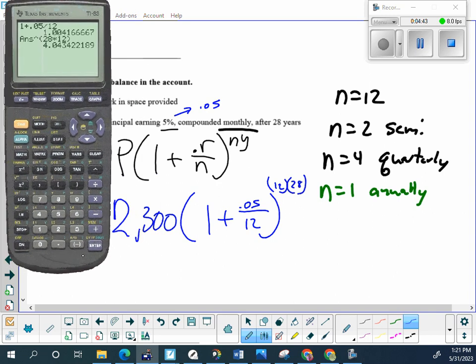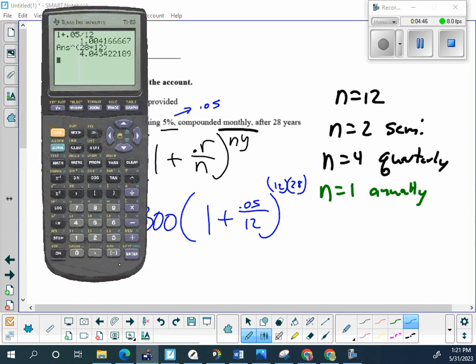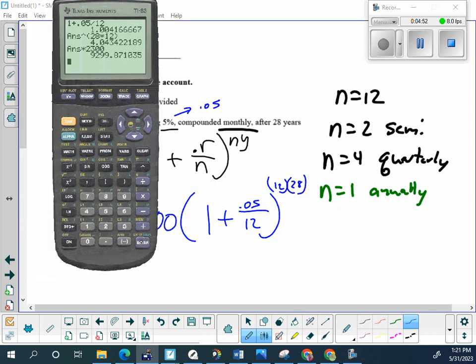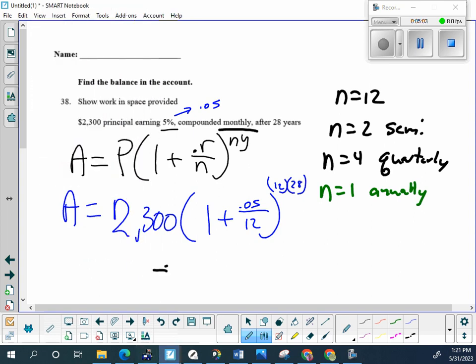Then I'm going to multiply it by 2300 and hit enter, and I get the answer. So your amount equals 9299.87. Put a dollar sign for that.